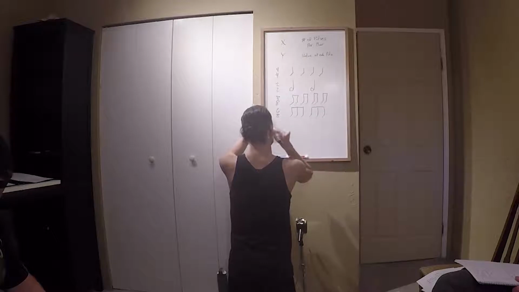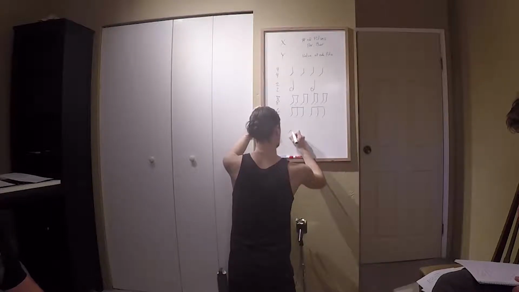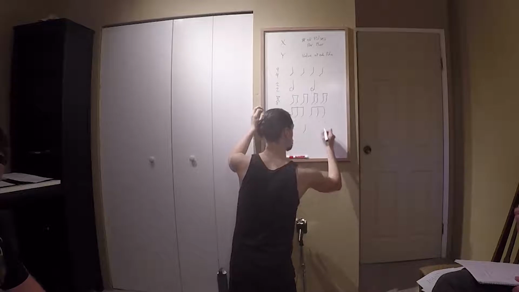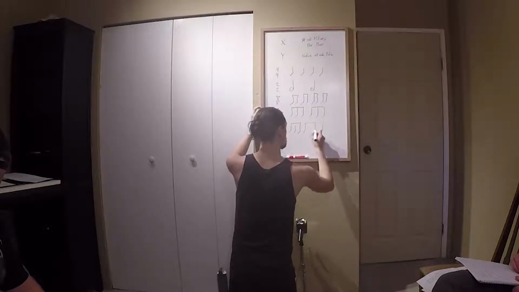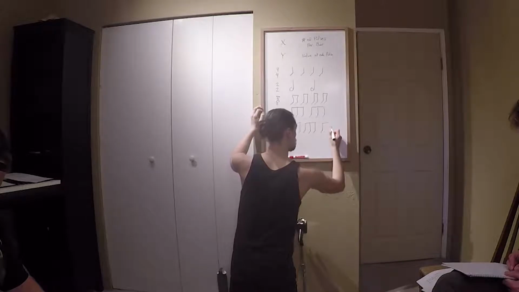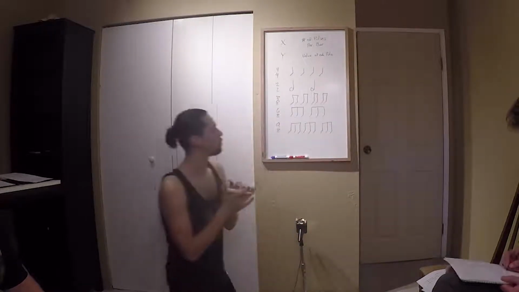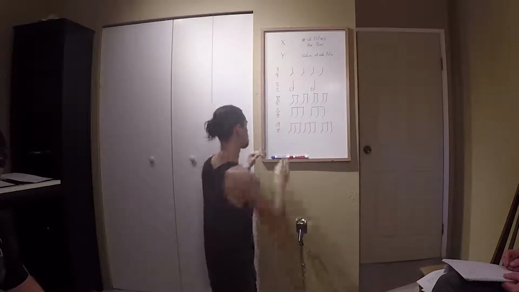In 9/8, you just have 3 groups of dotted quarter notes, which can be written as groups of three eighth notes. One, two, three, 2, 2, 3, 3, 3, 3.